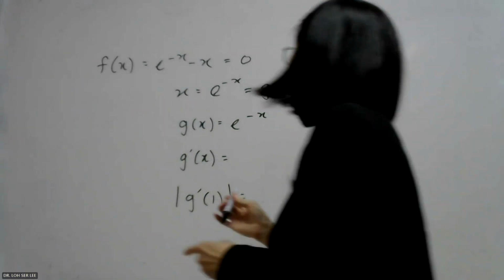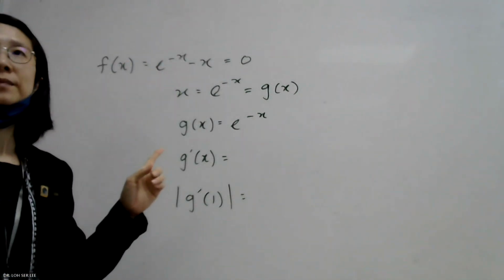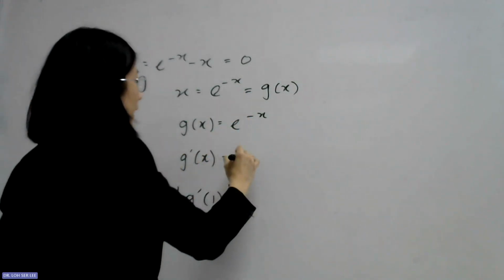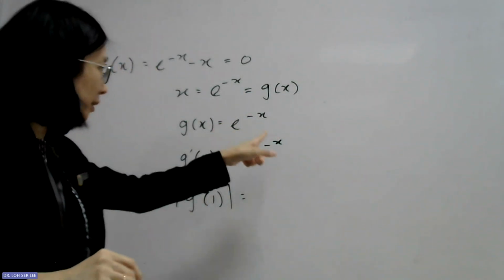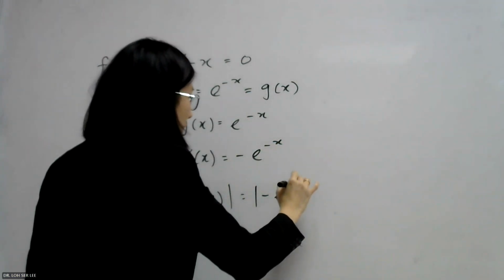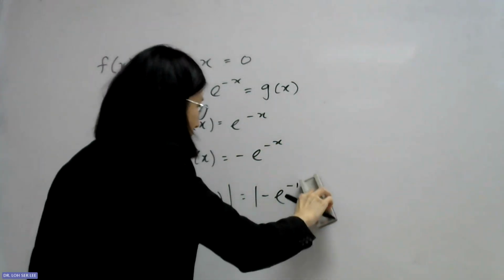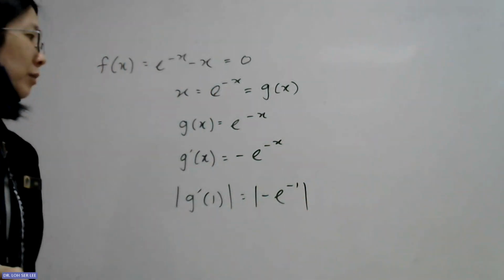Negative e negative x. Now substitute 1 into this to compute the magnitude. What is the value?